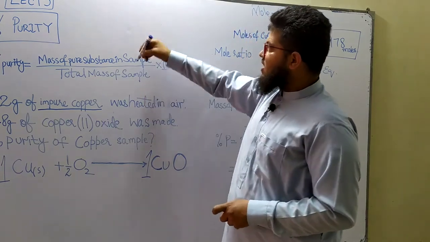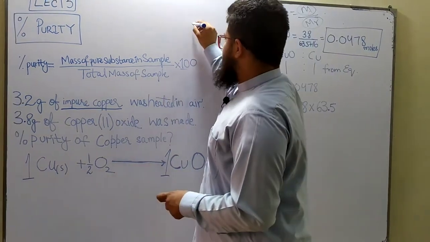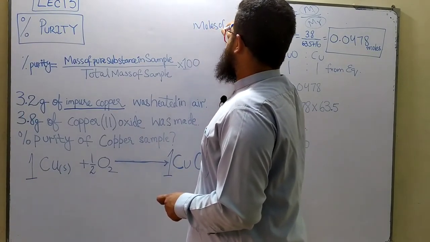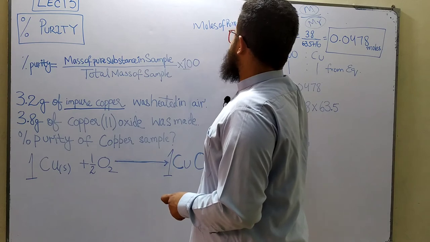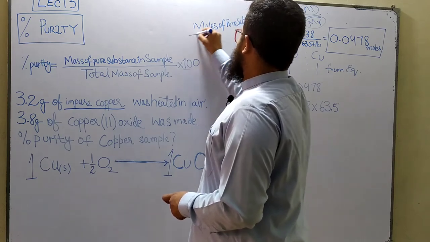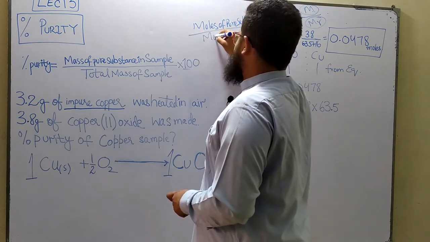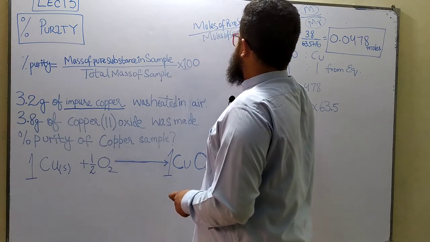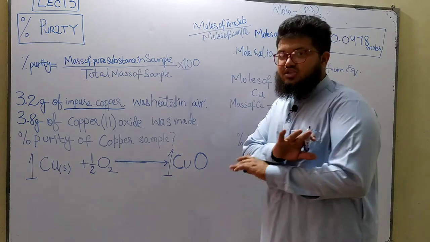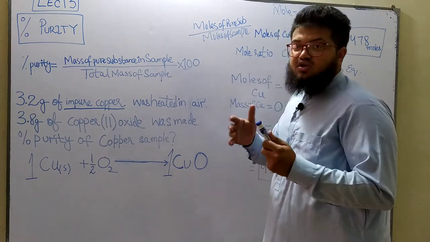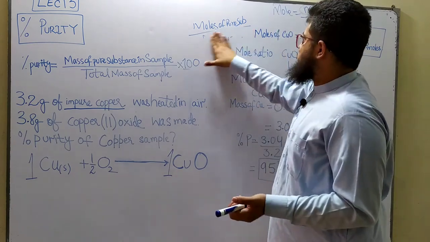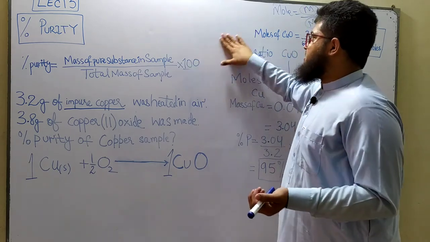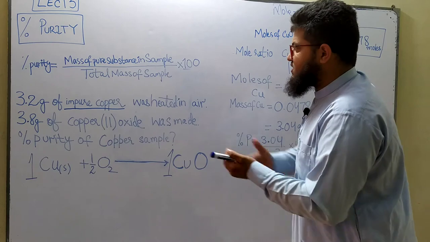That is, this formula can also be written as the moles of pure substance in the sample divided by the moles of the sample. But usually this formula is not used throughout your syllabus, so you don't need to know it, okay, because the moles of the sample cannot be calculated that easily, right, because it has a lot of other substances in it.